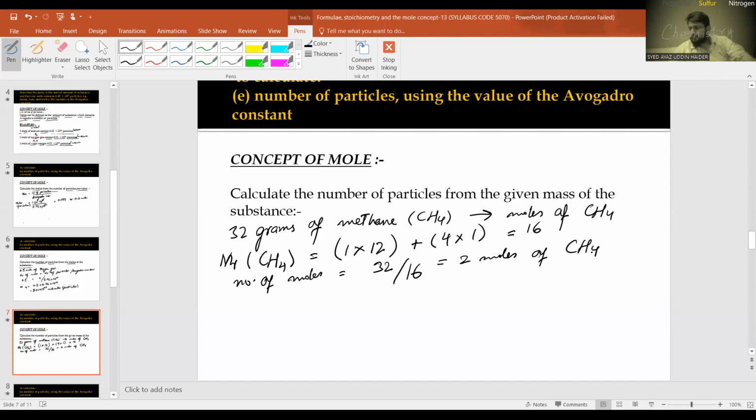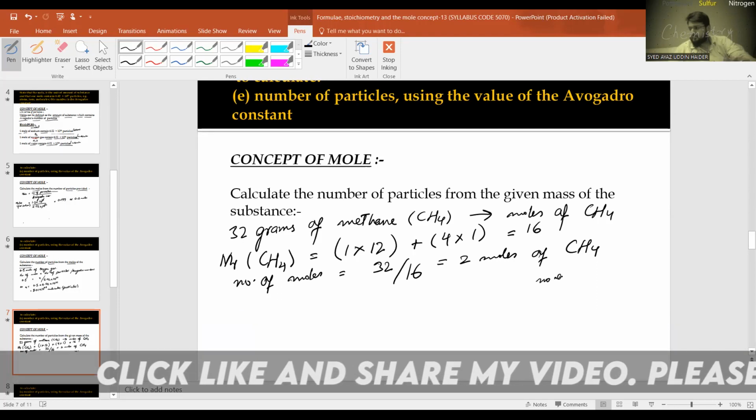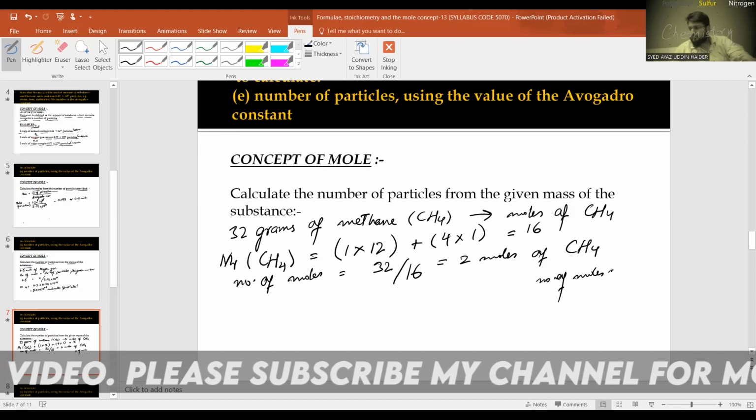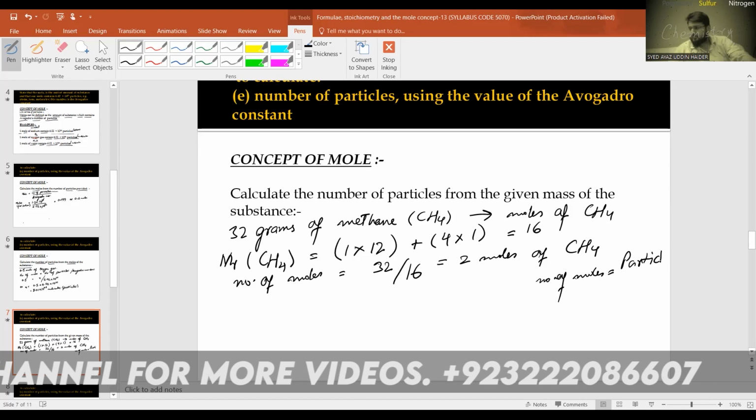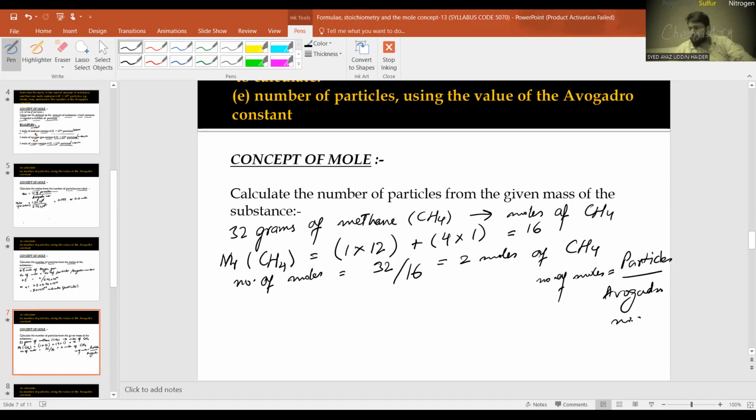Now we can easily calculate the number of particles. You have the equation. Number of moles is equal to particles divided by Avogadro number. I want to calculate the particles. So I will write number of particles is equal to number of moles multiplied by Avogadro number.